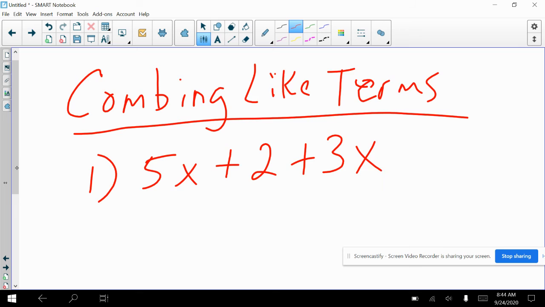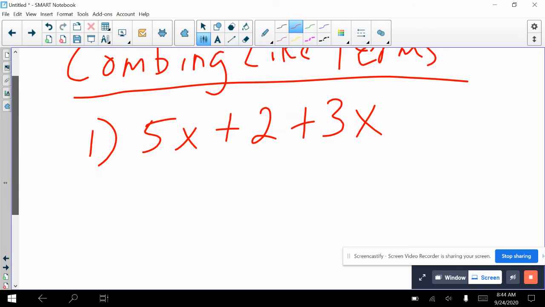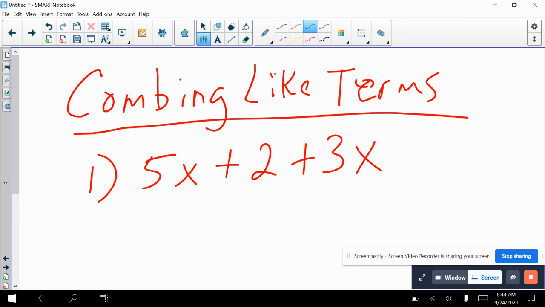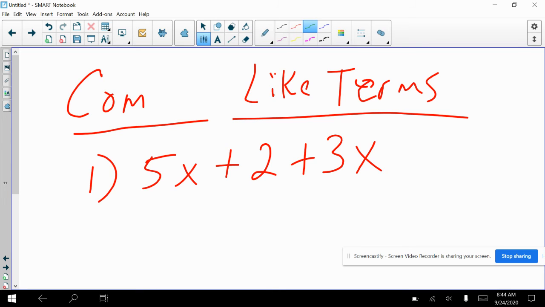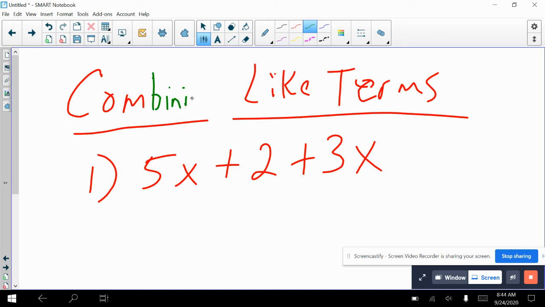Combining like terms. This is where we struggle. Oh, jeez, that's bad. That better? Yeah. I told you I could spell everything, but I can't.